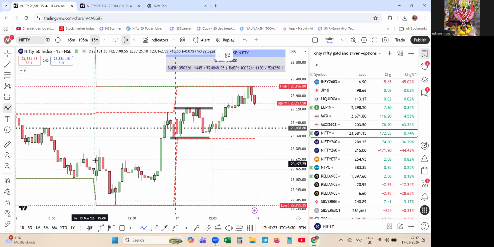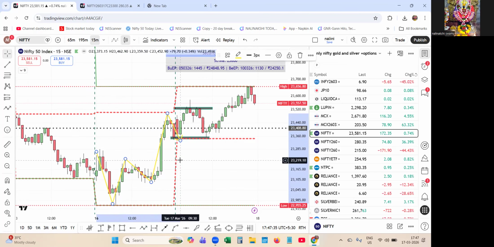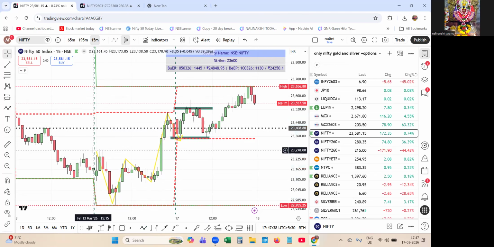See, simple thing. You can see the price came down, made a low and a higher high. This is a normal thing. The market is making a low. This is the first hour high and low of the previous day.